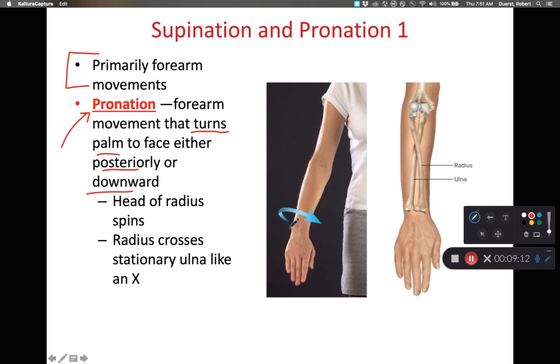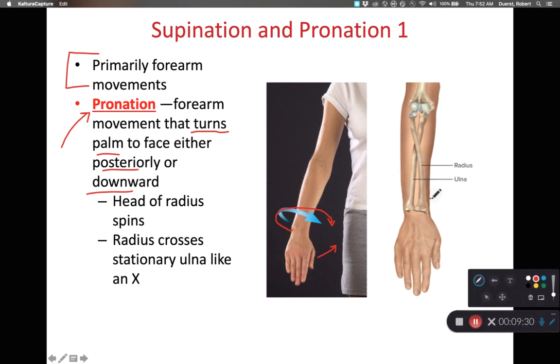Another way to think of this is you're turning your forearm so that your palm is pointing towards your butt. And if we want to be technical about it, the pronation process is turning the forearm so that the radius and ulna crisscross with each other.